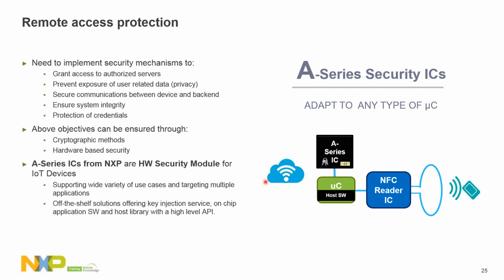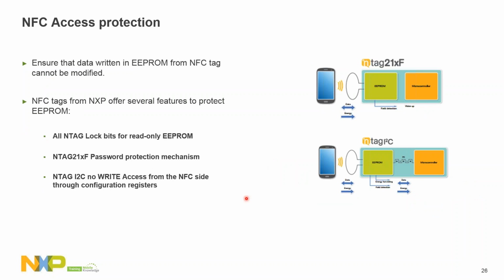We will see right away how such a security model can be used for securing a channel on the use case that we're going to review. But before doing so, as I said before, the NFC interface can also be protected using measures that NFC tags from NXP offer.